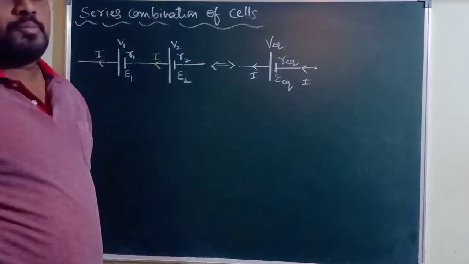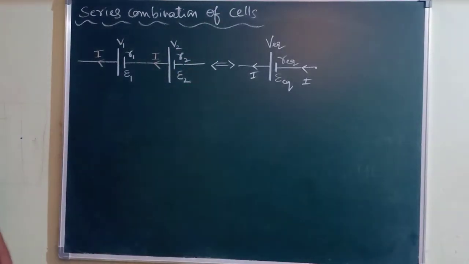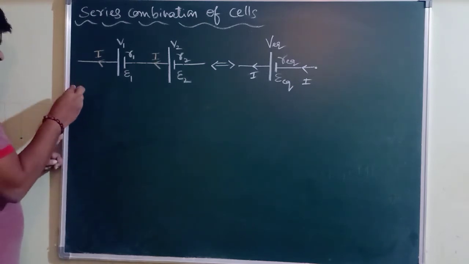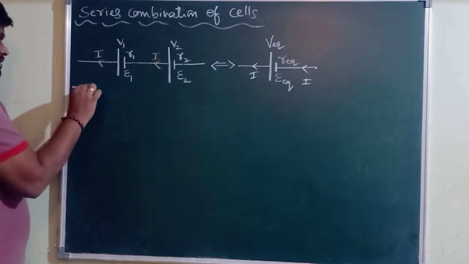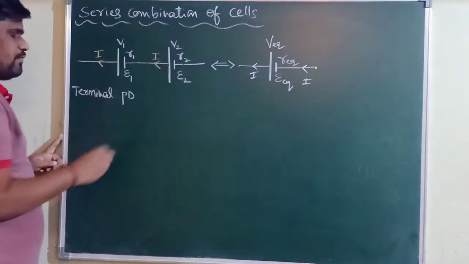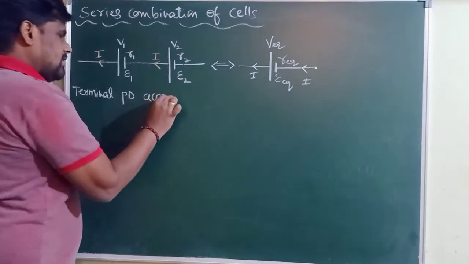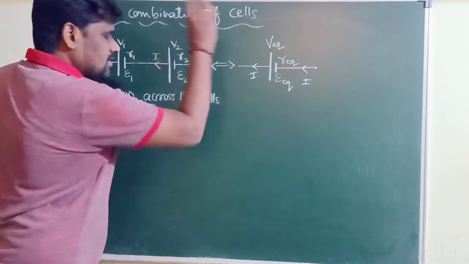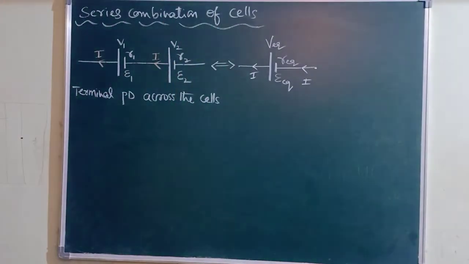but terminal potential difference is not the same. Then I will write the terminal potential difference here. What is the terminal potential difference across the cells?